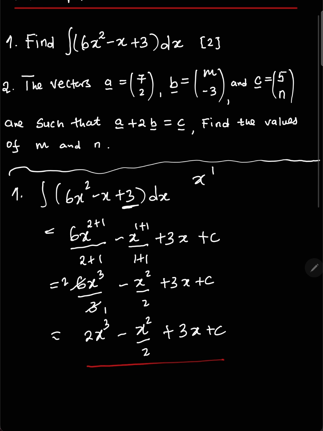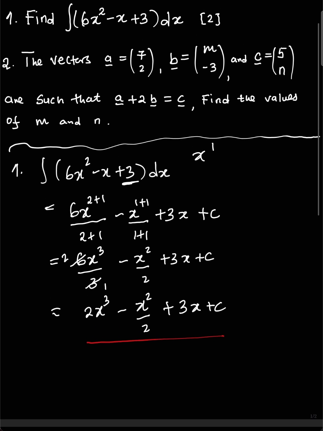The next question was on vectors. Okay, so it says the vectors A, so we have vector A, which is a column vector, of course, 7, 2, vector B, m negative 3, and vector C, 5, and n there, are such that vector A plus twice vector B, 2 times vector B, is equal to vector C. Find the values of m and n.